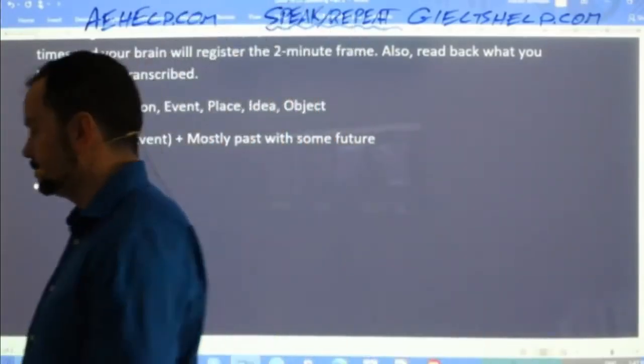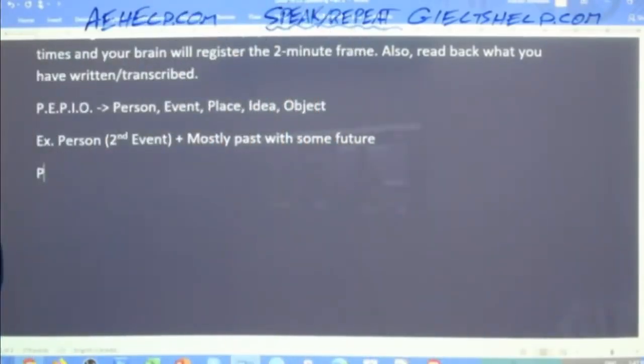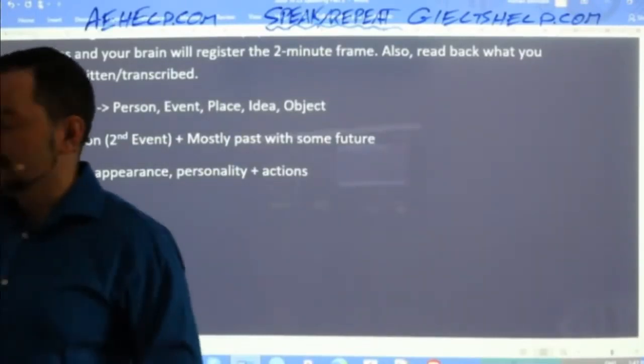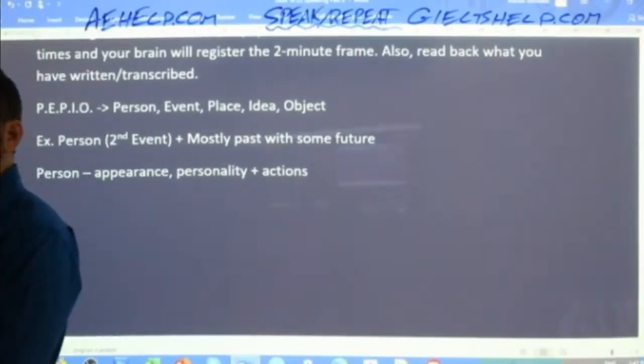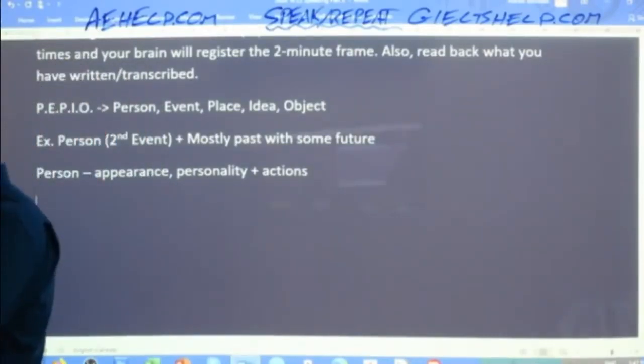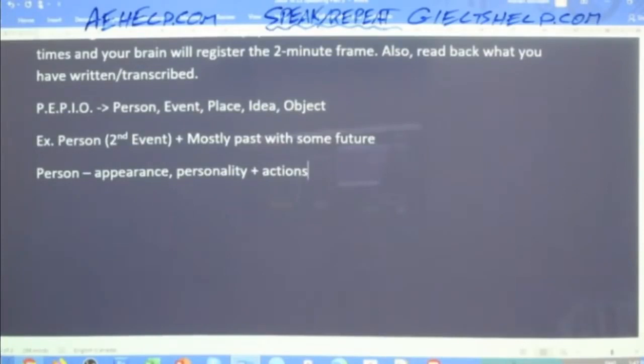Now, when we're talking about a person, we're going to have to talk about their appearance. Their personality backed up by actions. It's going to be very important in this case. Actions and then activities, of course.